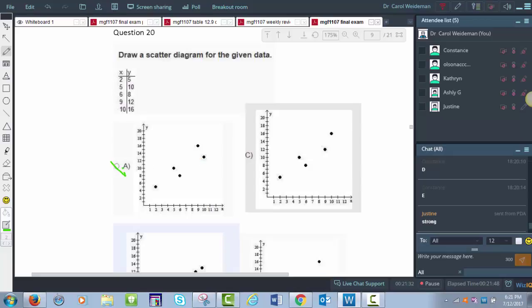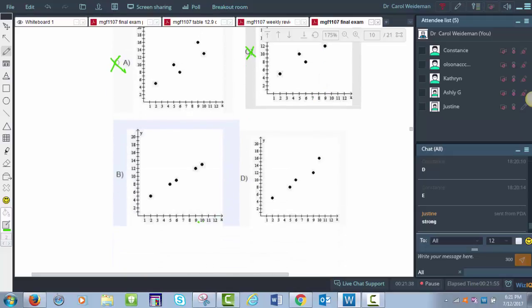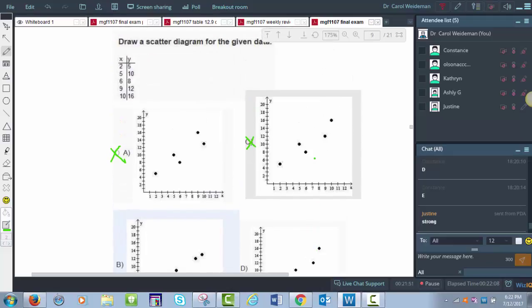I'm going to throw this one out. That doesn't look like the right one. This one doesn't look right either. This looks like a good one here, doesn't it? 10, 16. Let's check some of the other ones.